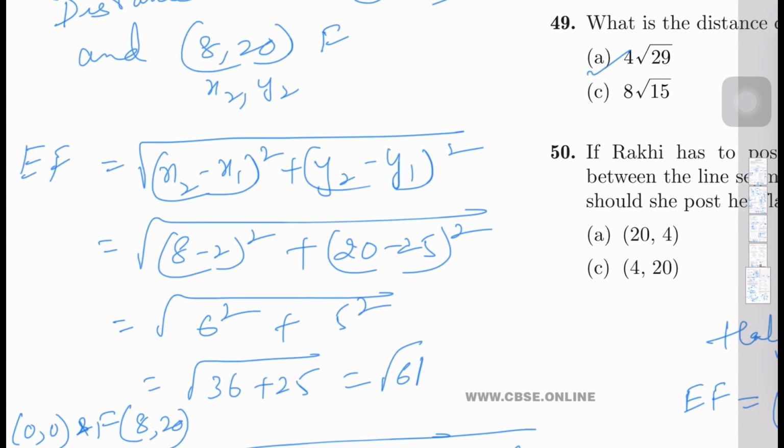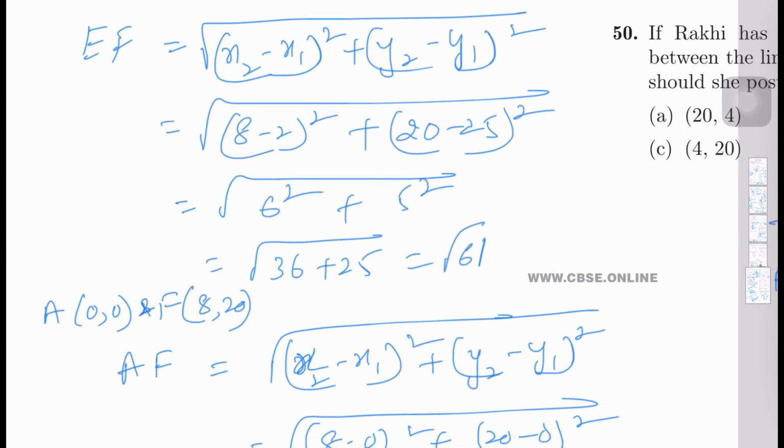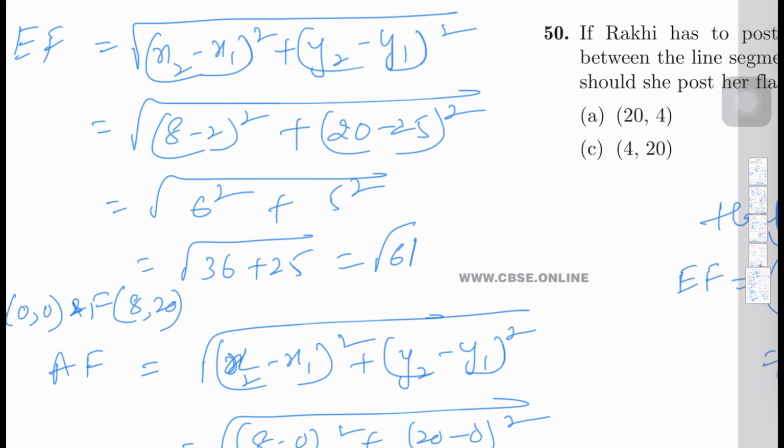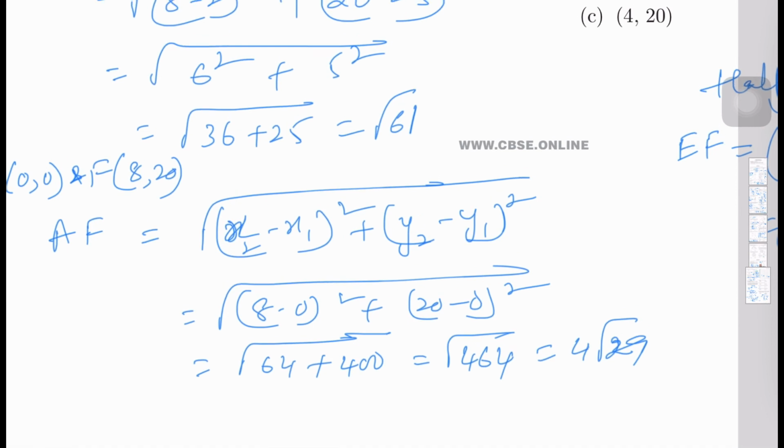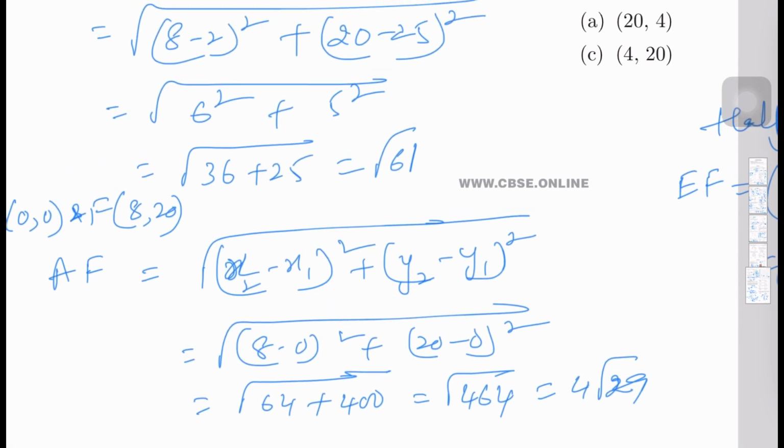That is from the point A. So from the point A to F you find out, that is A00, F is 820, AF is equal to 8 minus 0 whole square plus 20 minus 0 whole square, that is 8 square plus 20 whole square. You are getting it as 4 root 29 is the answer for this.